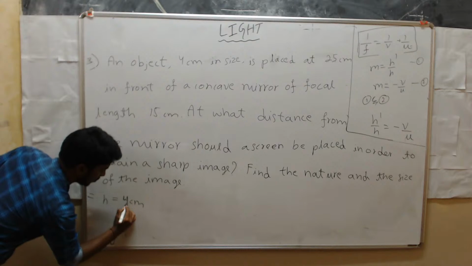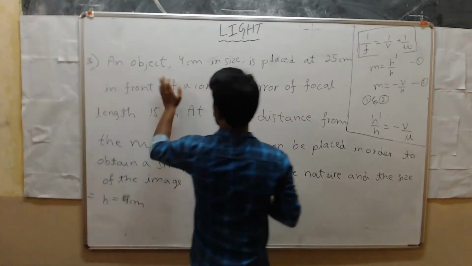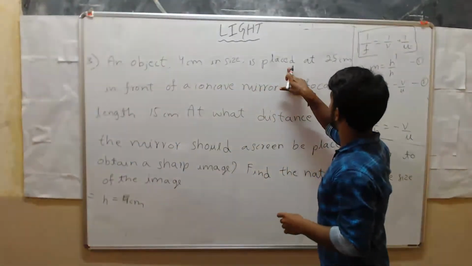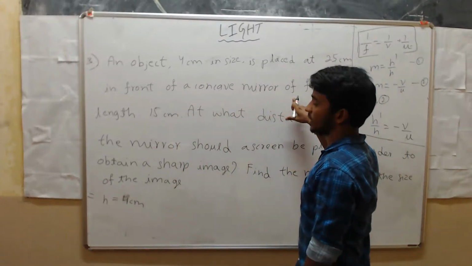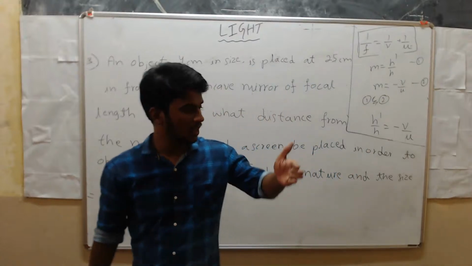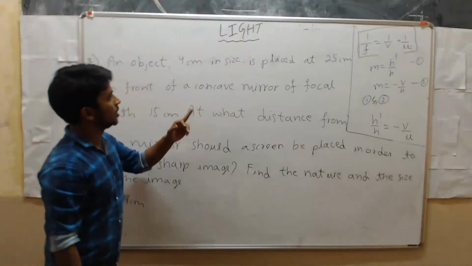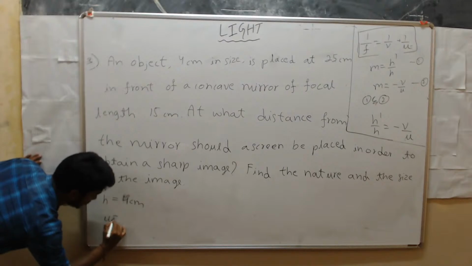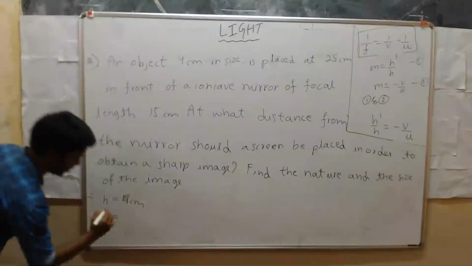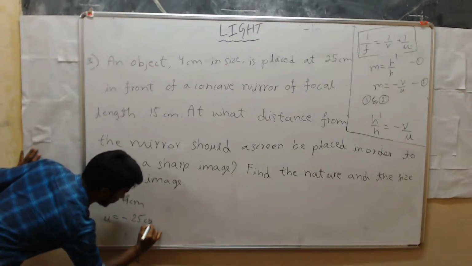Then the object is placed at 25 centimeter in front of a concave mirror, meaning the distance between the mirror and the object is 25 centimeter. That is, u is equal to minus 25 centimeter.